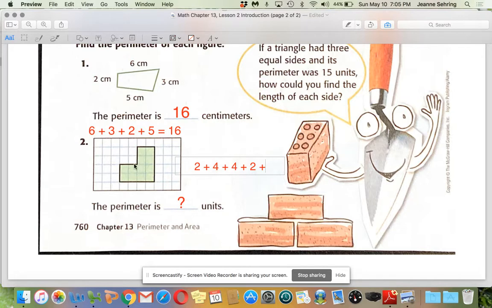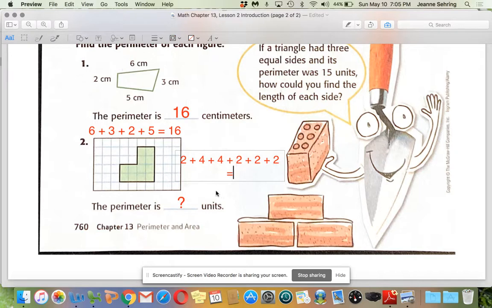This cut in right here is also 2. And then this side here is also 2. So 2, 4, 4, 2, 2, 2.